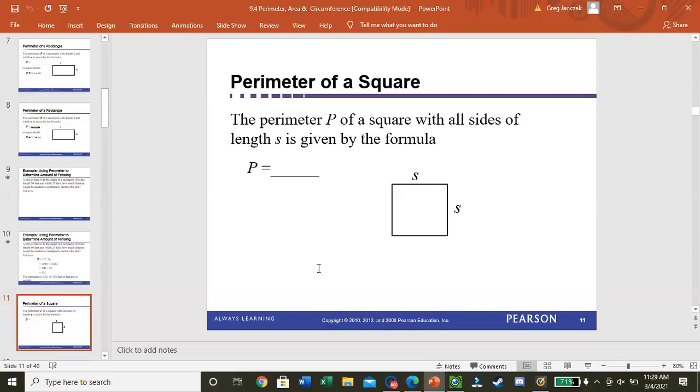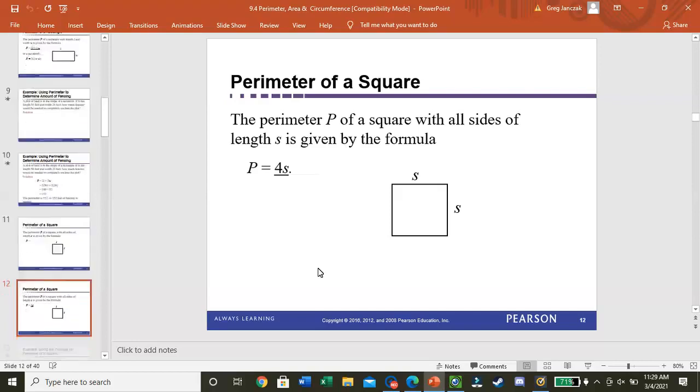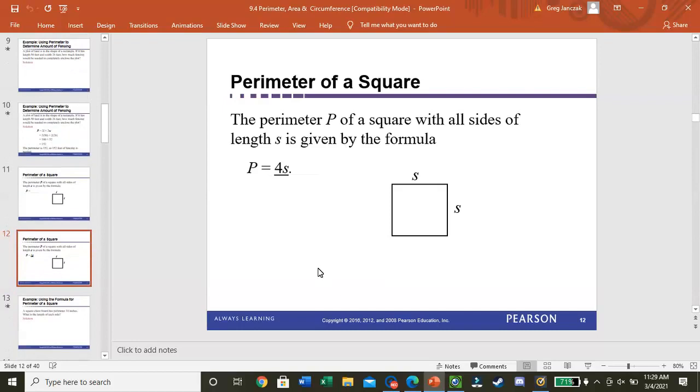If one length is, let's say, 3, what's the other length going to be? 3, 3, 3, right? So the perimeter is the same on all 4 sides. If I know what one side is, all I have to do is multiply by 4. So you may want to write this down.